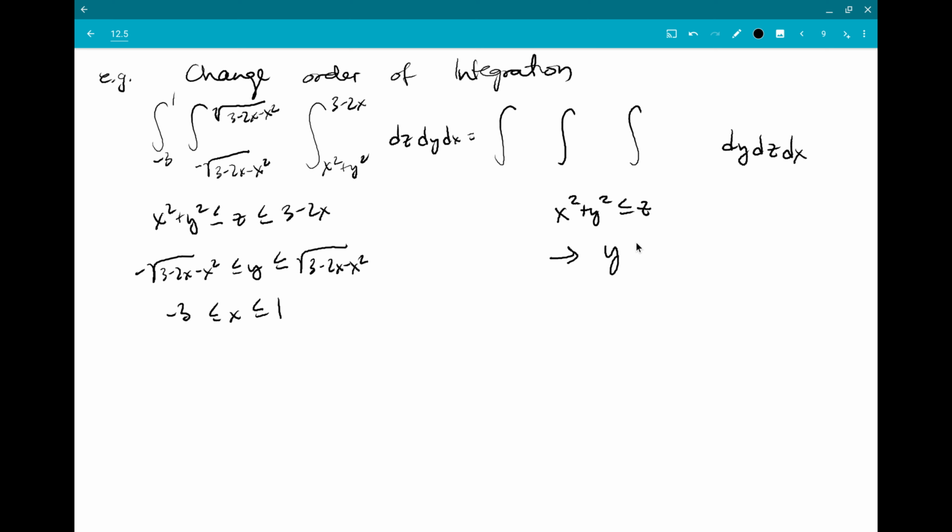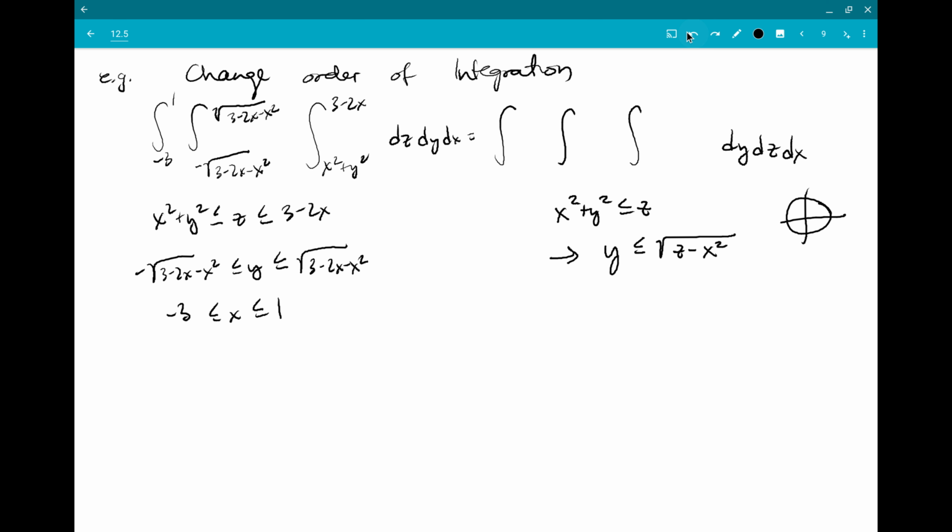It's not enough to say y is less than or equal to square root of z minus x squared, because that would change things. What I had before was a circle with radius root z, and I filled in the whole thing. If I just do y is less than that, then I take a semicircle and it doesn't exist down here.